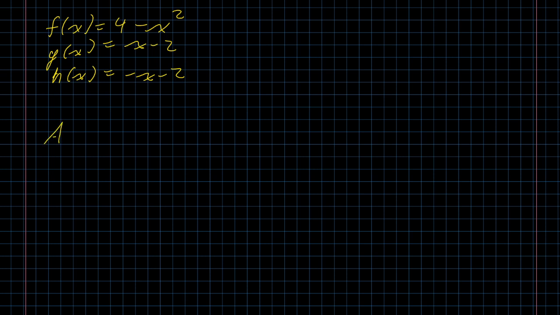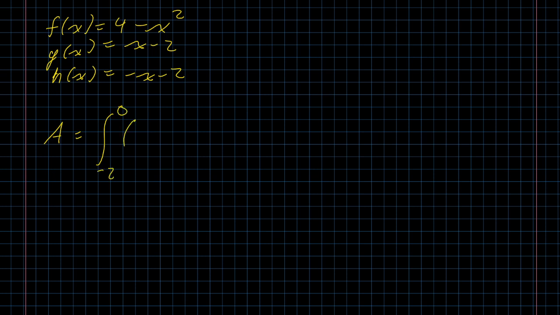All right, so I've got f of x is 4 minus x squared. I've got g of x is x minus 2. I've got h of x is negative x minus 2. And I know that the area here, well, the part in the negative x-axis went from -2 to 0.